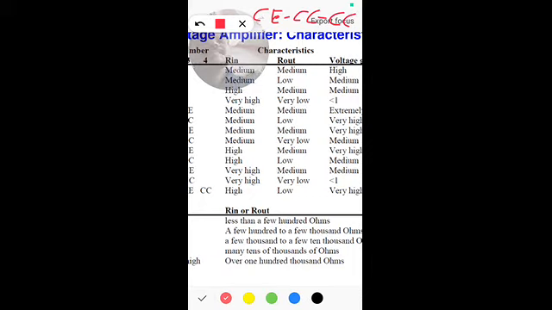Then RI is medium, and R naught is very low, because the second and third stages are CC, which is common collector. So the overall output impedance of this multi-stage amplifier configuration is very low.